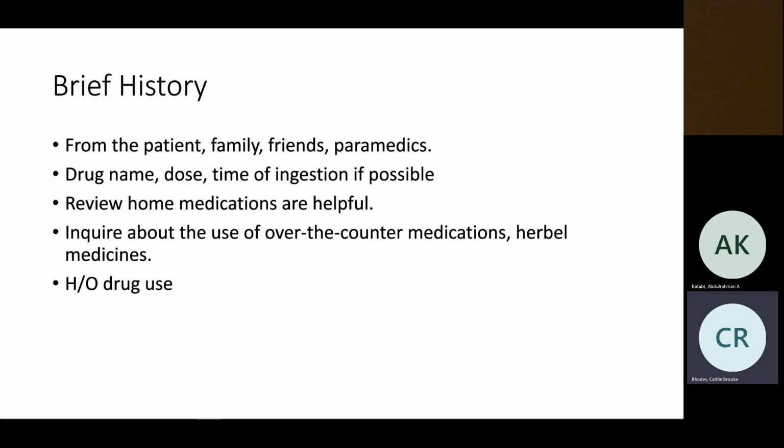So a brief history is very important, either from the patient, which most of the time is very difficult as the patient comes with altered mental status or comatose. Family is important to talk with, friends, paramedics. The most important thing is to know the name of the drug and what kind of form, like extended release, short acting, long acting, because this really makes a difference.